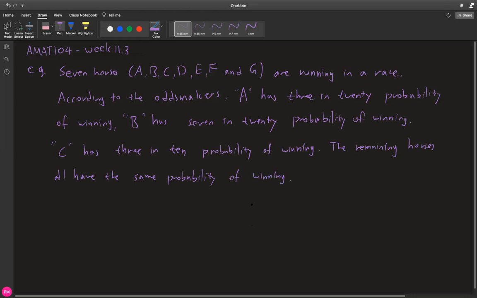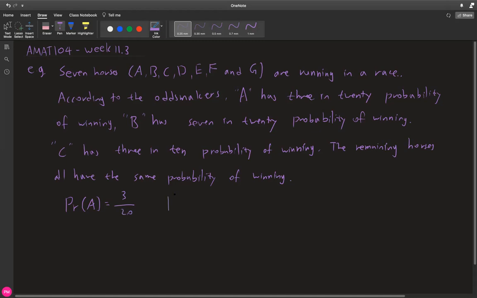And here we are to find the probability assignment for each horse. So how would we do that? So before we do anything, we're already given a few horses. Even though we're given in words, we know that the probability of horse A winning is 3 in 20, so I'm just going to write it 3 over 20 mathematically.